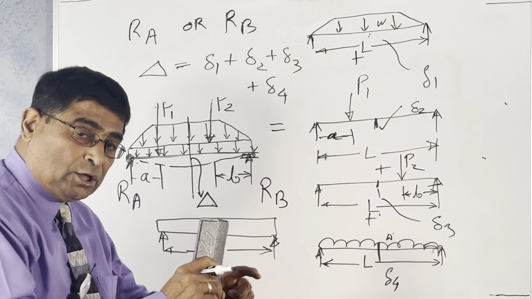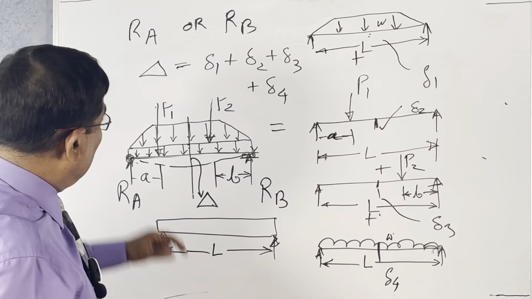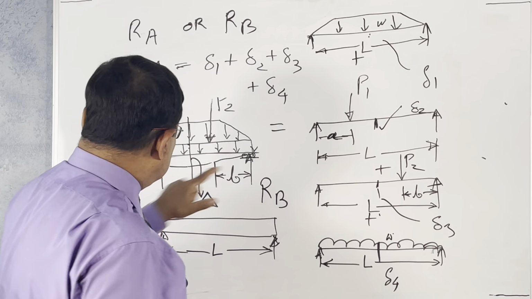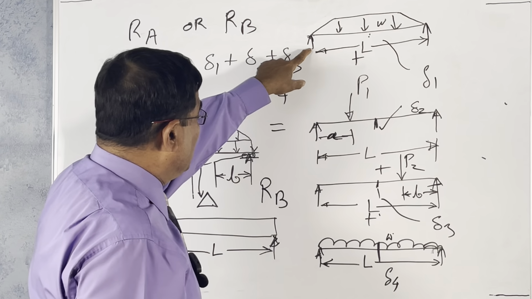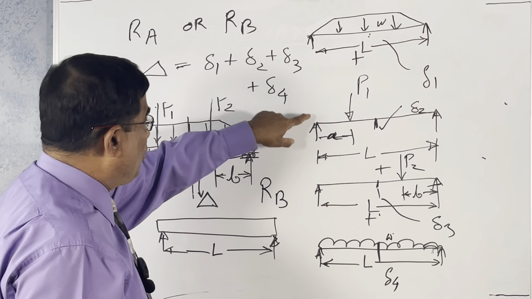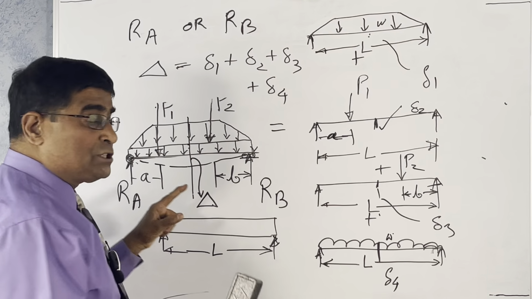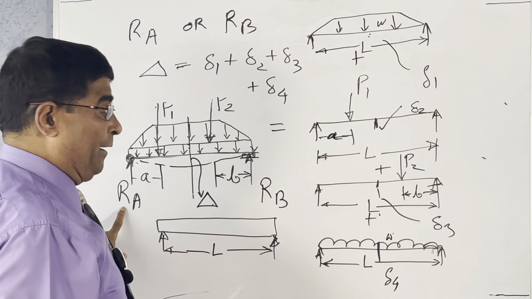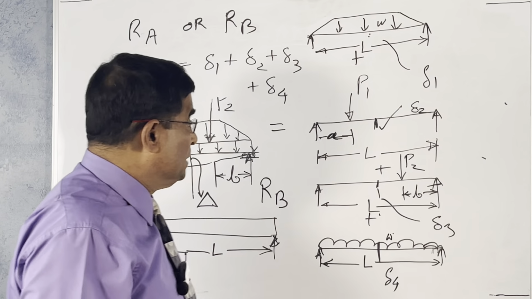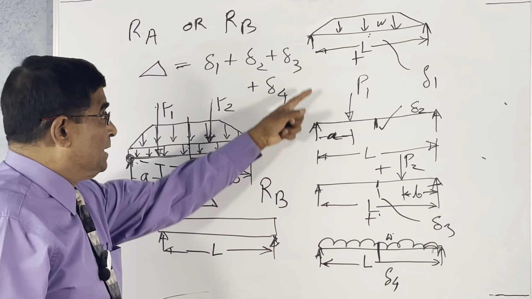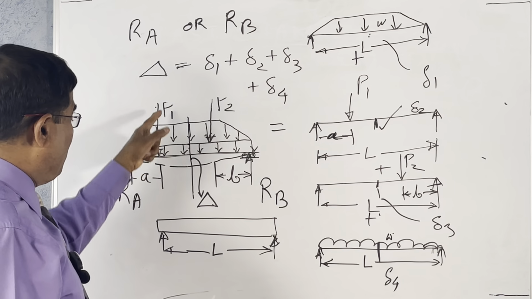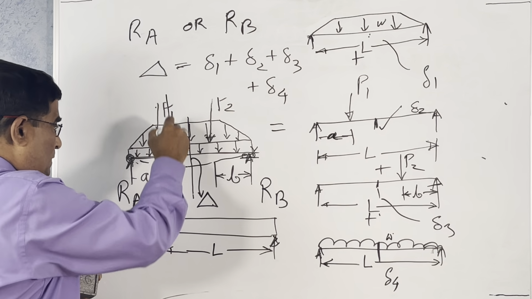This is called the method of superposition. Similarly, this reaction plus this RA equals this one plus this one plus this one plus this one. All these 4 reactions together, if you sum up, will be your RA. Similarly, you can calculate RB. Once you have got the reactions, you can easily find the shear force at any point.